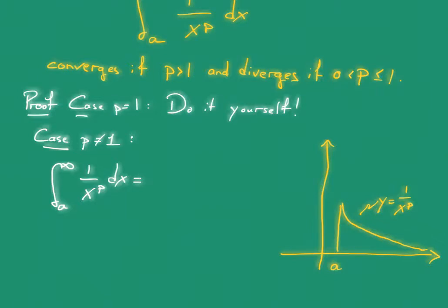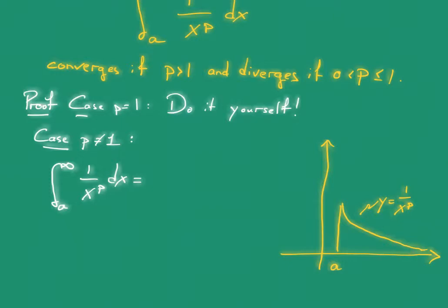So if you want to think about this improper integral as representing the area of the infinite region here beneath the graph of 1 over x to the p on the interval a to infinity, what we're saying is that if p is bigger than 1, then this region is going to have finite area, and if p is less than or equal to 1, this region is going to have infinite area.